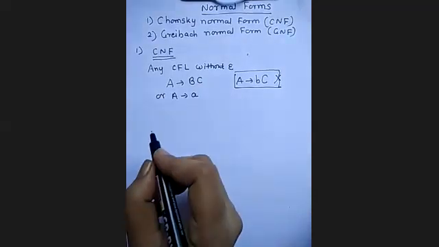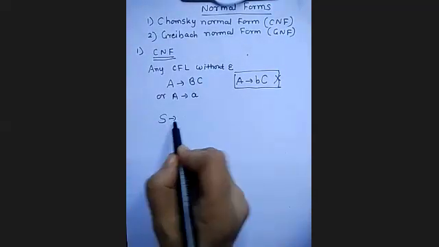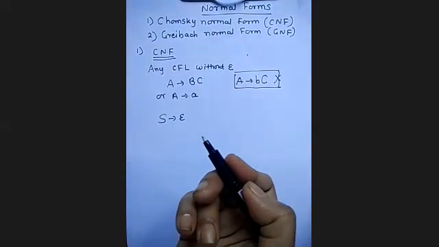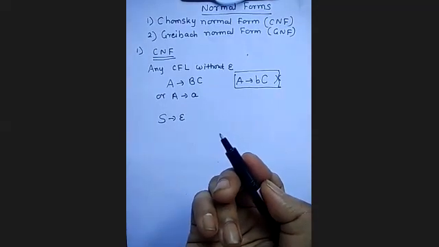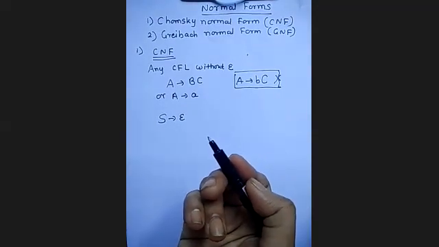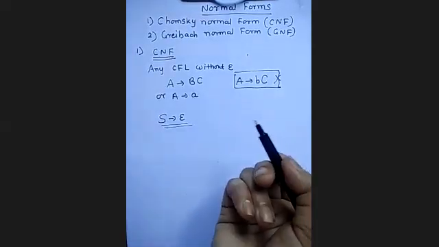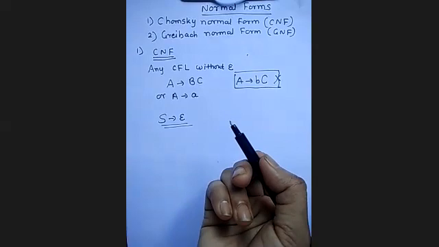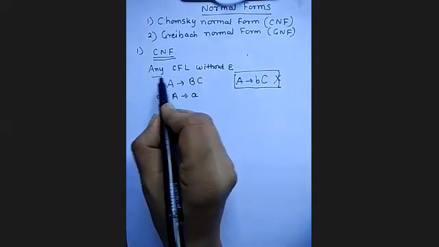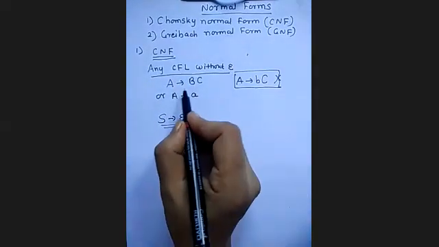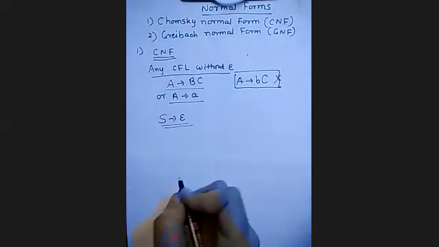If S, the start symbol, is deriving epsilon, that is only allowed in the CNF. Otherwise, for the remaining non-terminals, epsilon is not allowed on the right hand side, as we have written here. Without epsilon, only these two types of productions are allowed.